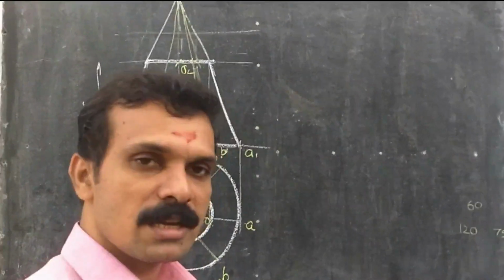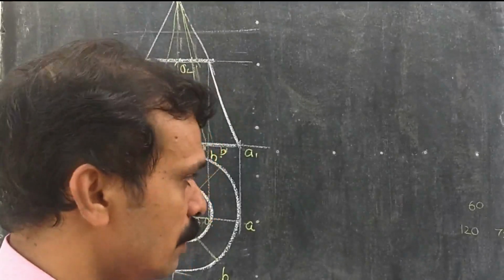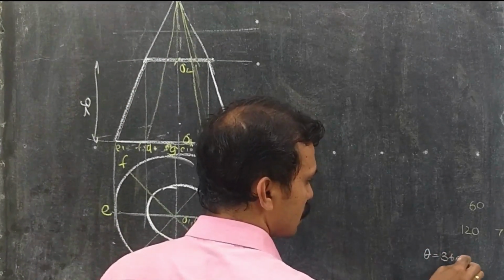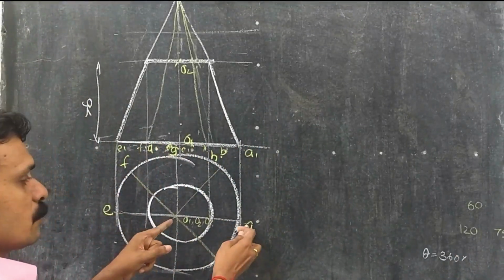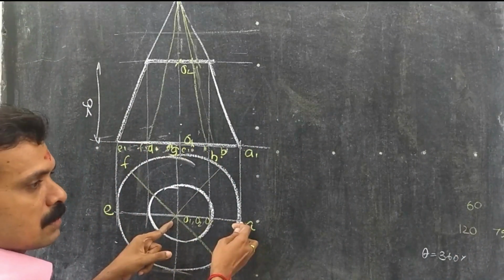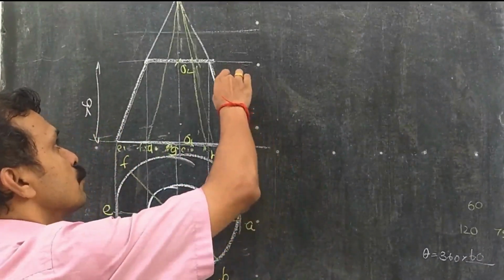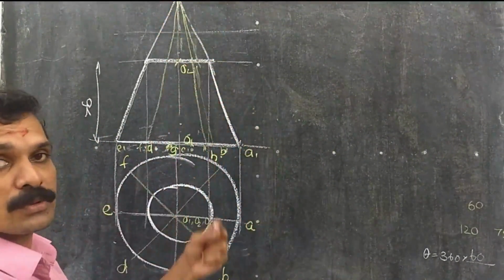Now, as explained before, we have to calculate theta. Theta is equal to 360 into the radius of the original cone, that is 60, divided by the slant edge of the original cone. This is the slant edge of the original cone.